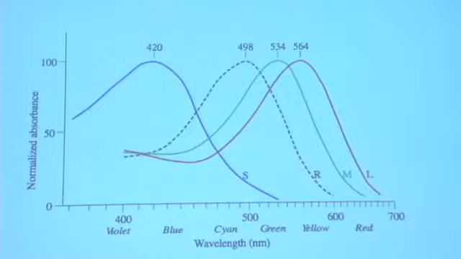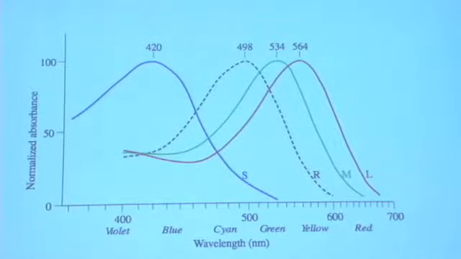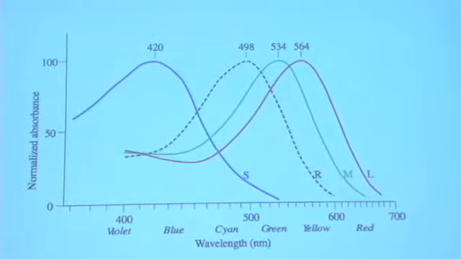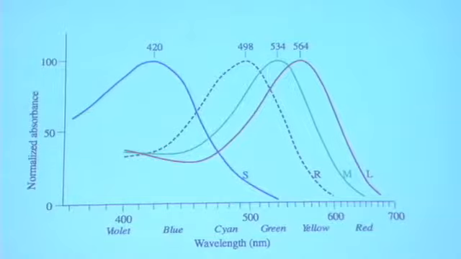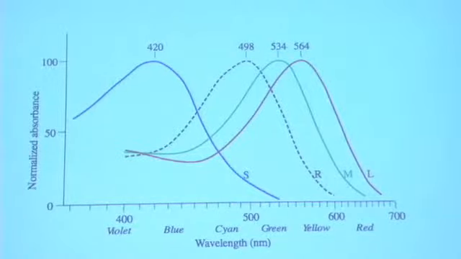And I believe that when they say average, they just mean the average of all people, rather than you take somebody randomly and that's an average person. The average person will have 98% M and L type and 2% of the S type. So this is a very big difference in the number of cone cells that we have.